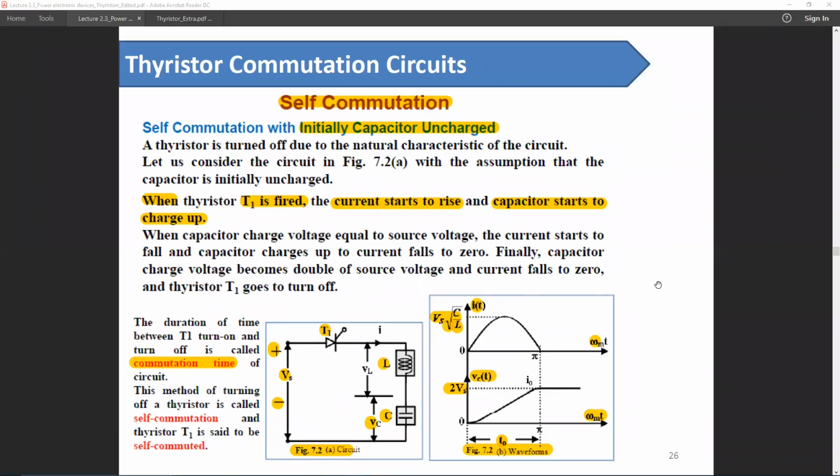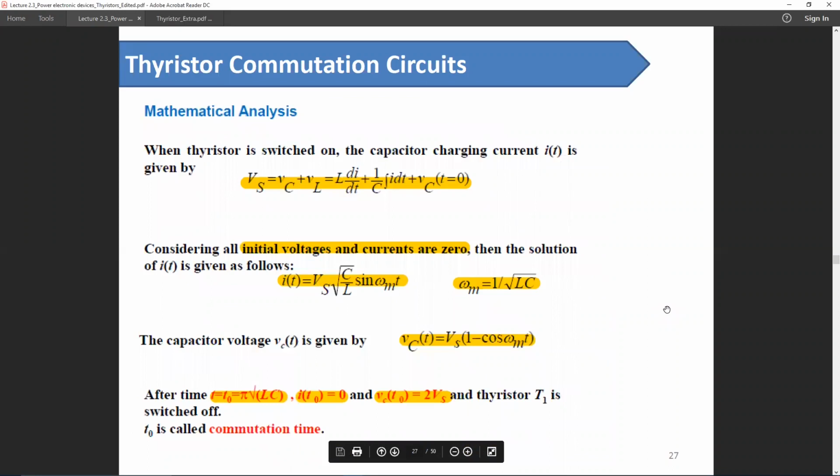This is basically an LC circuit, and in case of an LC circuit, if we solve the KVL equation, we will get something like this, and this is a differential equation. If we solve it, we will get something like this, which is a sinusoidal term.